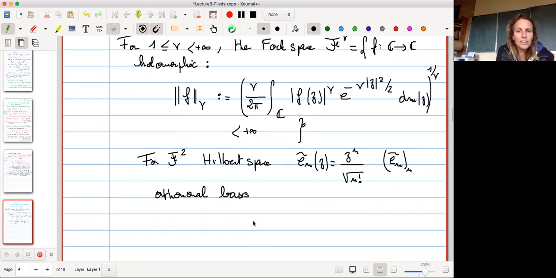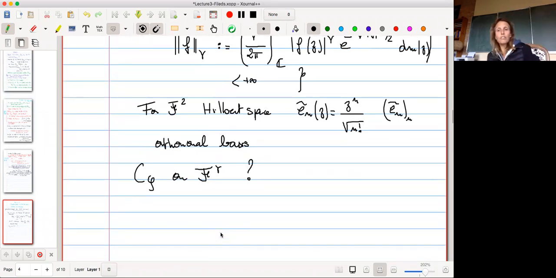And we would like to consider composition operators on these spaces. And we would like to know first for which phi it is well defined.